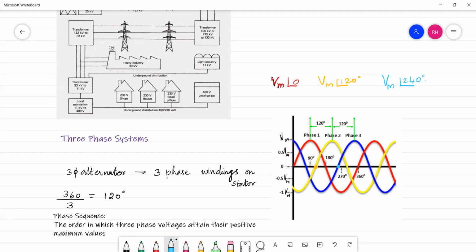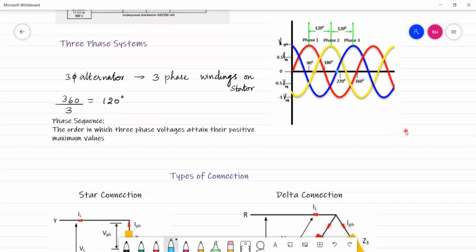The order in which the three-phase voltages attain their positive maximum is known as the phase sequence. For the given waveform, the phase sequence is first the R phase attains its maximum, and then the Y phase attains its positive maximum, and then the B phase, and hence the phase sequence is R, Y, B. This is said to be the positive phase sequence which we normally use.